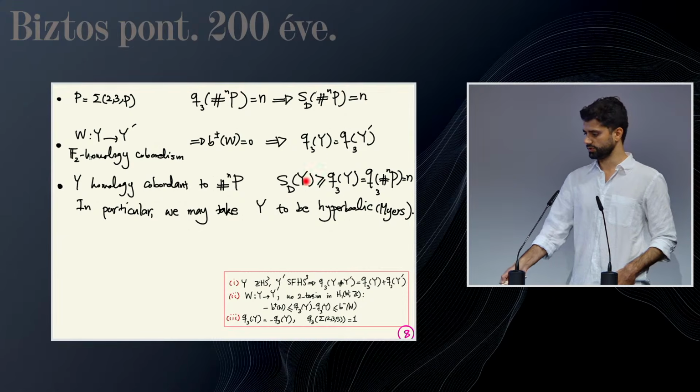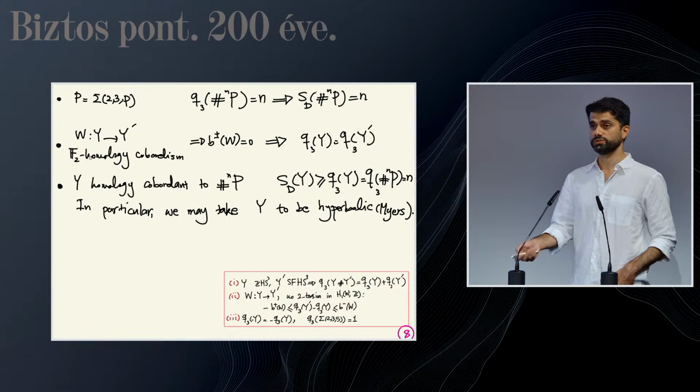And what you would know is that the dense surgery number of this guy, by the inequality from the previous slide, is at least as big as Q3. And by homology cobordism invariance of Q3, it's equal to Q3 of the connected sum of n copies of P, which is equal to n.